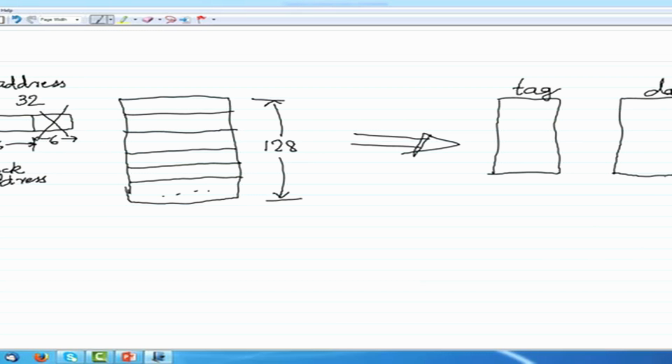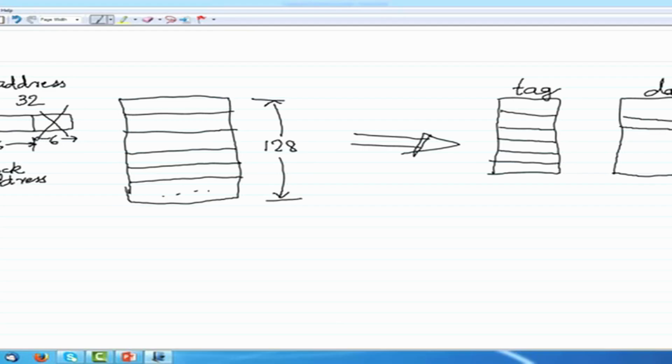So basically the tag array contains a portion of the address such that we can uniquely map the block. So in this case, since the block can be present in any entry, the tag needs to contain the block address for the entry that it corresponds to. So recall that both the tag array as well as the data array will have 128 entries, right? Both of them will have 128 entries, and there is a one-to-one correspondence between a tag entry and a data entry.